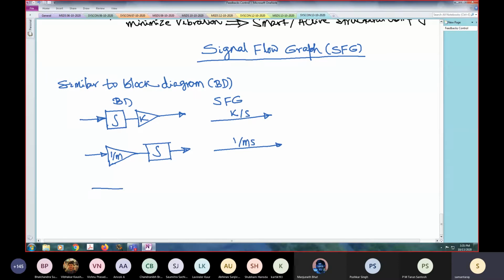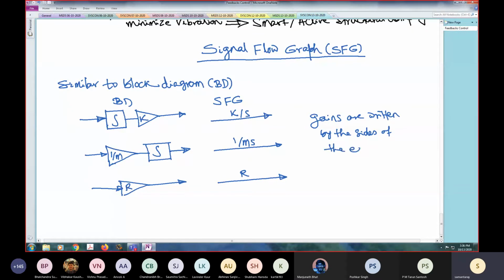Any gain, let's say simply R. Here we are introducing a block. That gain R will be written beside the edge. So gains are written by the sides of the edges. We will call them edges of the graph.